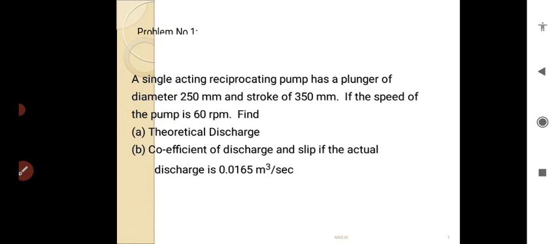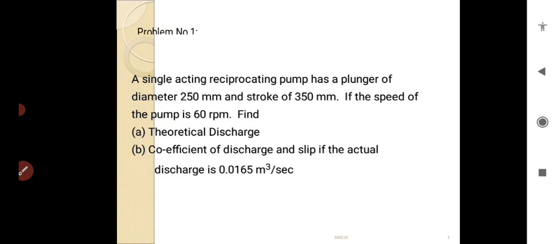I am repeating this problem once again. A single acting reciprocating pump has a plunger diameter of 250 mm and stroke of 350 mm.